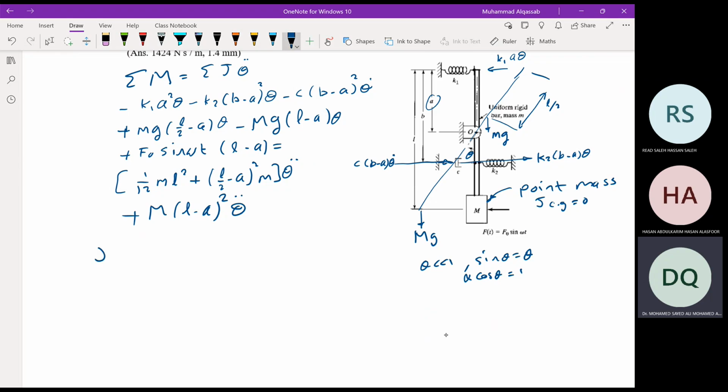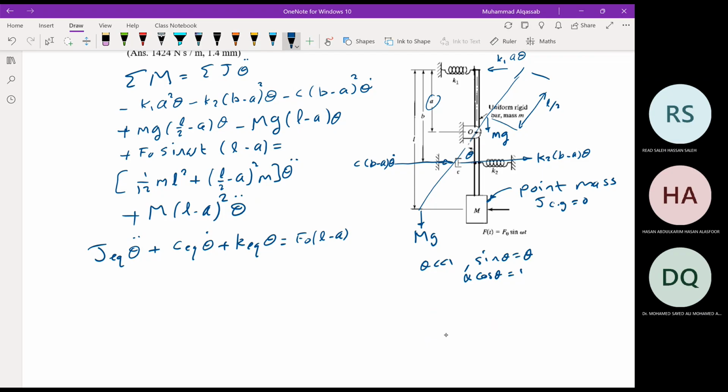So this will give us J equivalent theta double dot plus C equivalent theta dot plus K equivalent theta equal to M. What is the force? Equal to F naught times L minus A sine omega t. And F naught times L minus A is the torque, the moment.